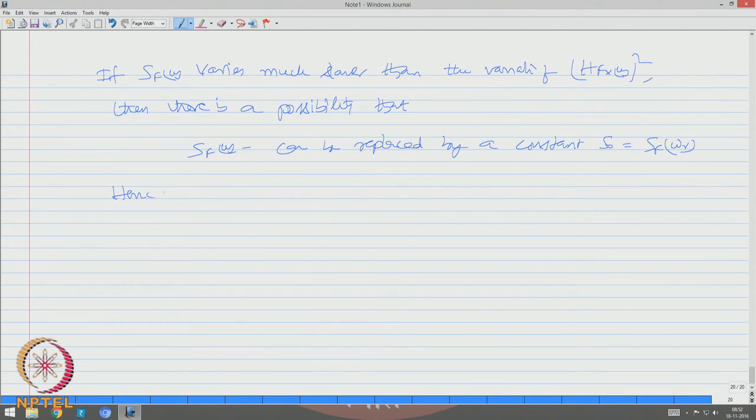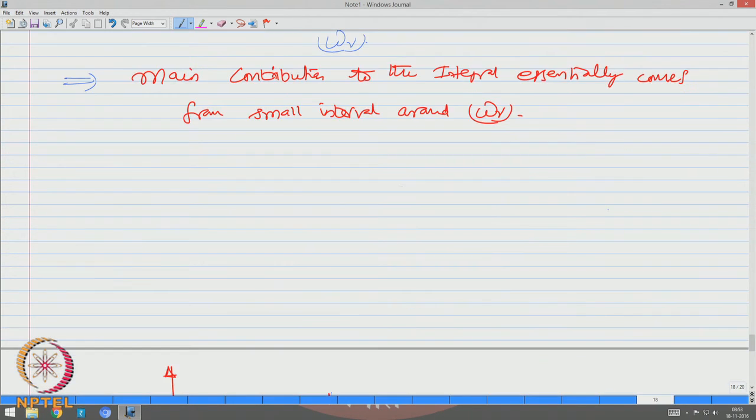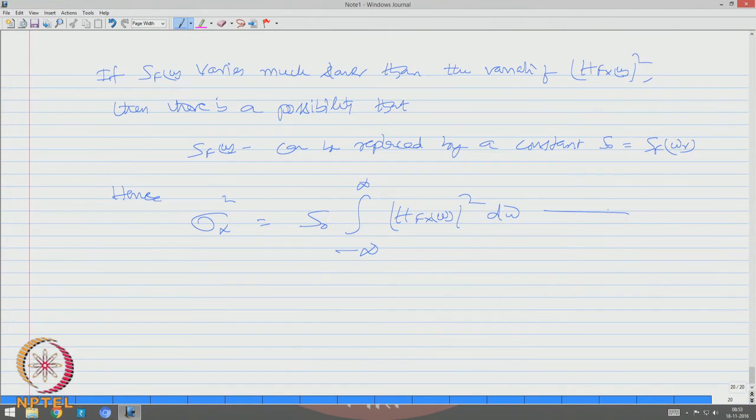Hence, sigma x square can be now said as S0 times the integral from minus infinity to plus infinity of h f x omega square d omega. I call this equation number 40.